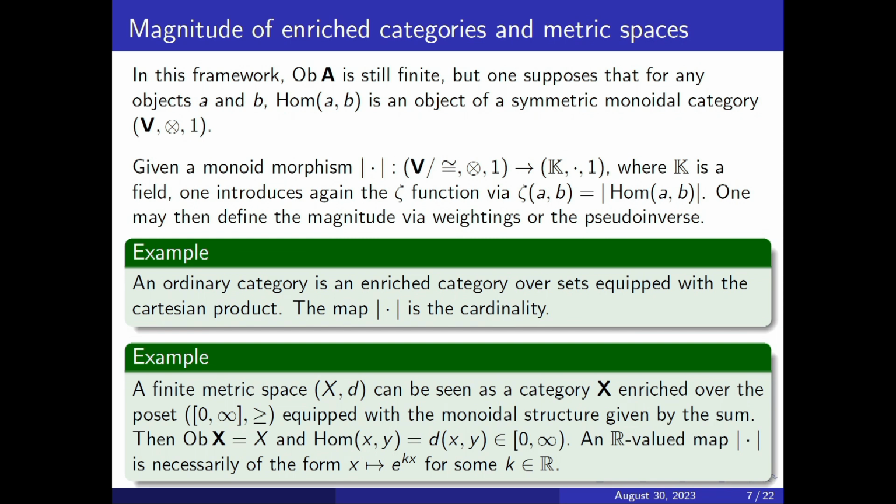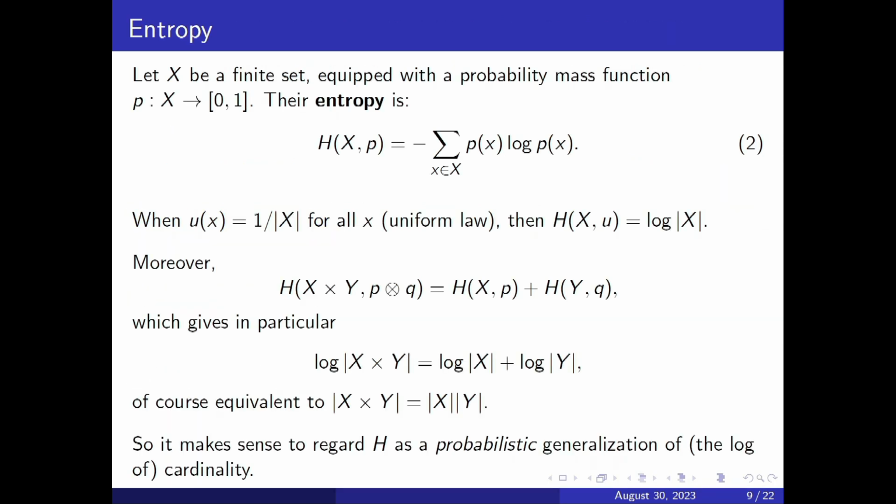So the Euler characteristic of the metric space is an isometric invariant of metric spaces, and it's called the magnitude. This magnitude knows a lot about the geometry of the metric space. If it's finite, it will know how many points there are, but if it's infinite, it will know the volume and the surface area and other things. So, yeah, I won't enter into details there.